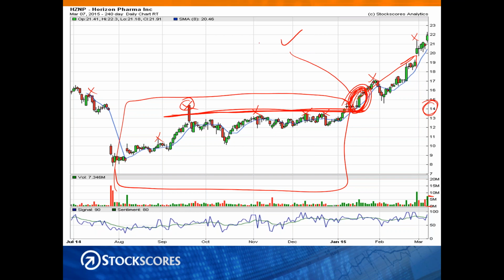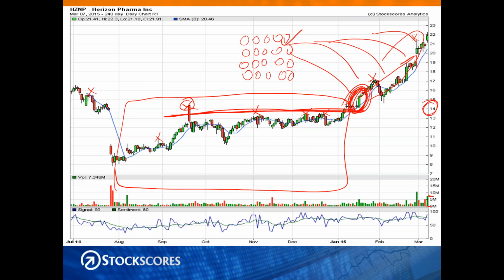That was probably a small group of people. Now, as more and more people learned about that information, more and more people were willing to pay a higher price. Now the crowd is growing. Lots more people are paying higher prices because they learned of the information that these people knew back here.